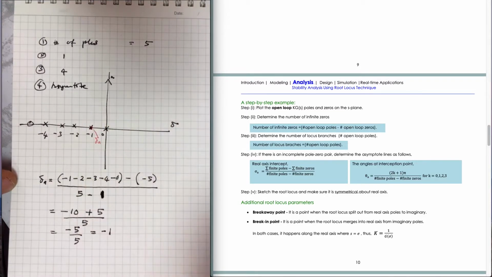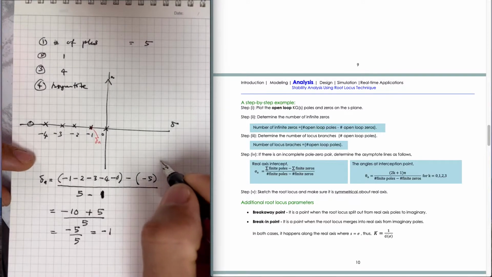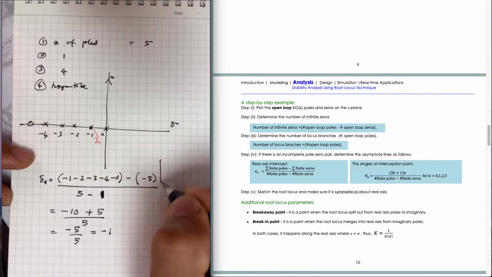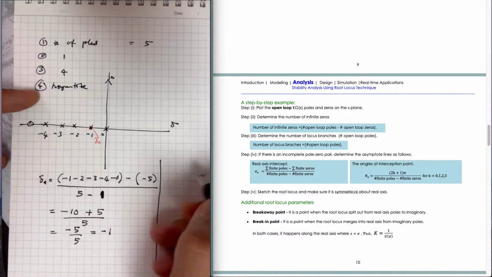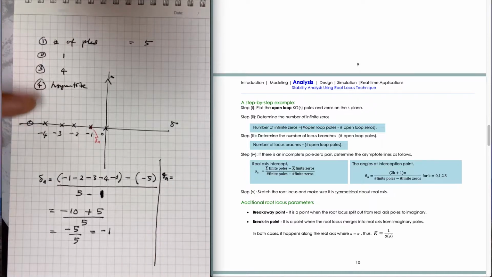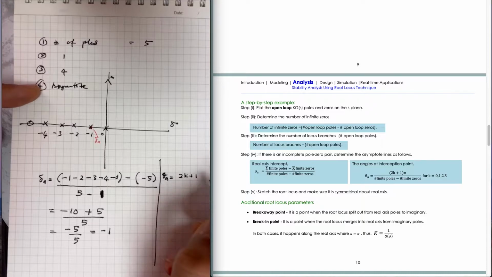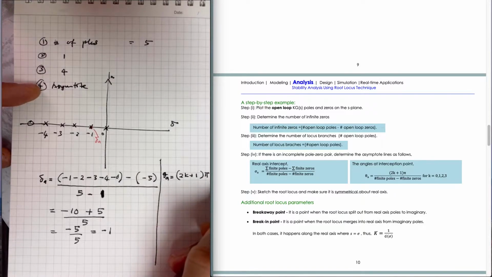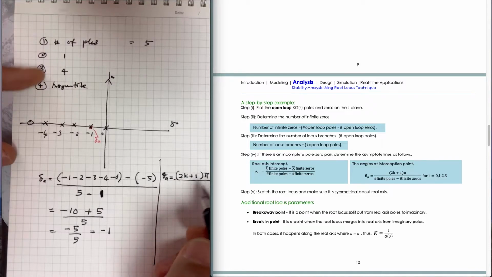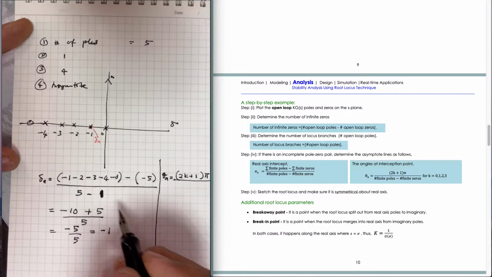Now, this is important, we need to find the angle, which is the theta asymptote, right? Theta asymptote, which is 2k plus 1 multiplied by pi, which is 180 here, divided by the number of finite poles, we can use this one, 5 minus 1.